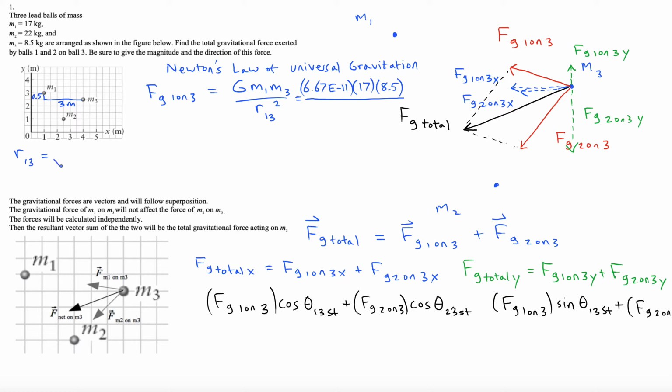R13 is going to be the square root of 3 squared plus 0.5 squared, which is 3.041. So let's plug that in here.